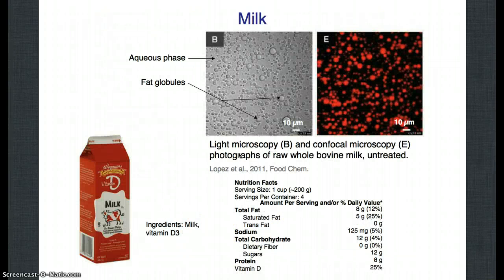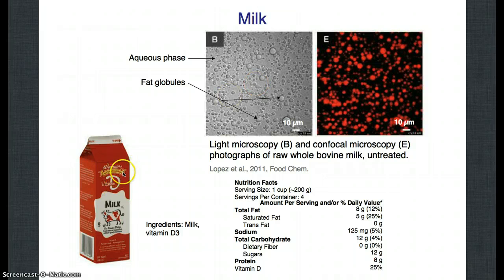Our first example is milk. You can see this is regular milk from Wegmans or Kroger, I guess, if you're living in Ohio. And you can see we've zoomed in here on milk, and we can see little tiny fat globules and an aqueous phase. I'll give you a minute to look at this. If you'd like, you may pause the video so you can get a good look at this up close and personal picture of what milk looks like.